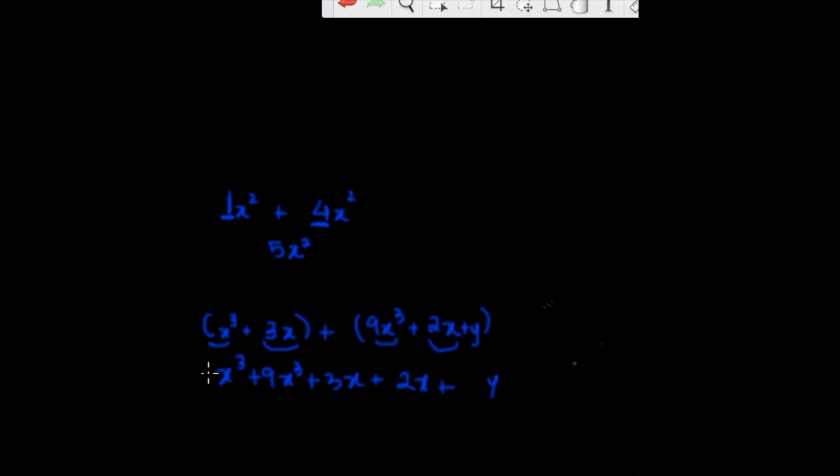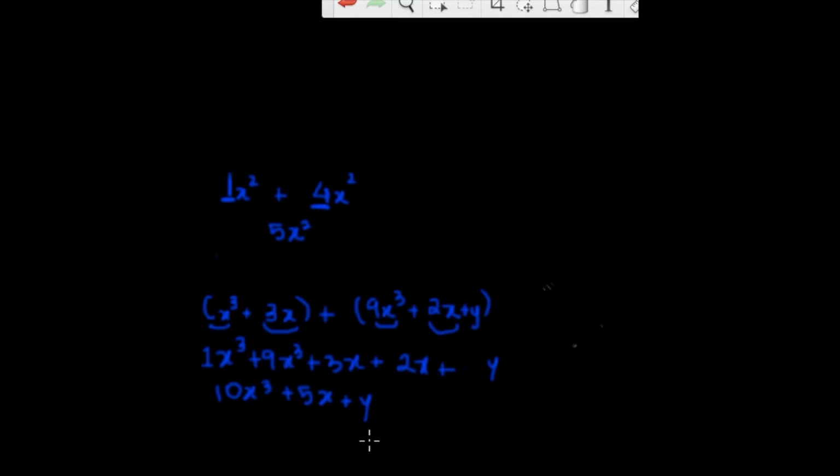In this case, it would be 1x cubed plus 9x cubed, which will give you 10x cubed. And then you add 3 plus 2, which will give you 5x plus y, and that will be the simplified version of the problem they asked you for.